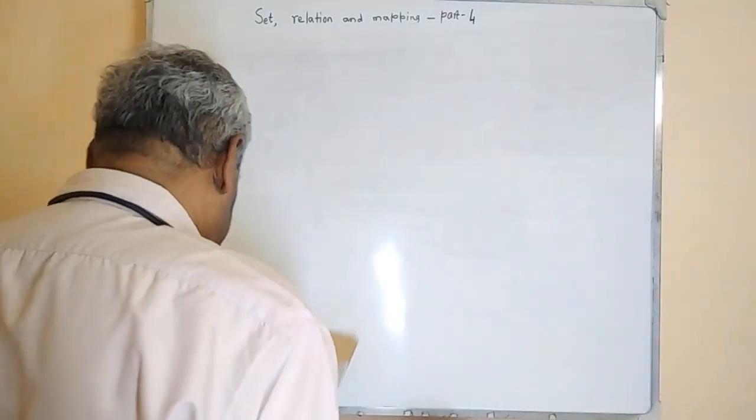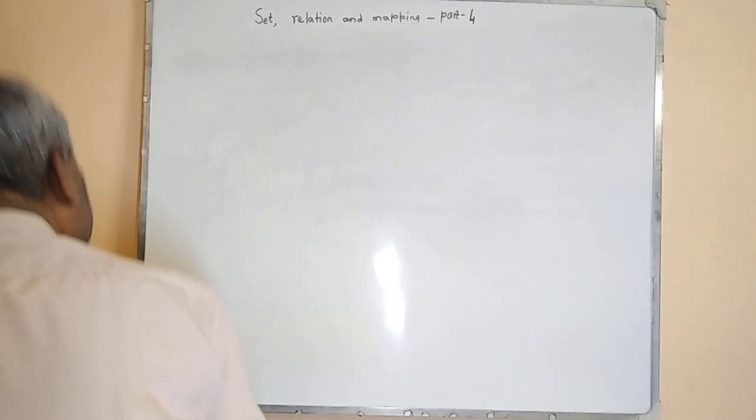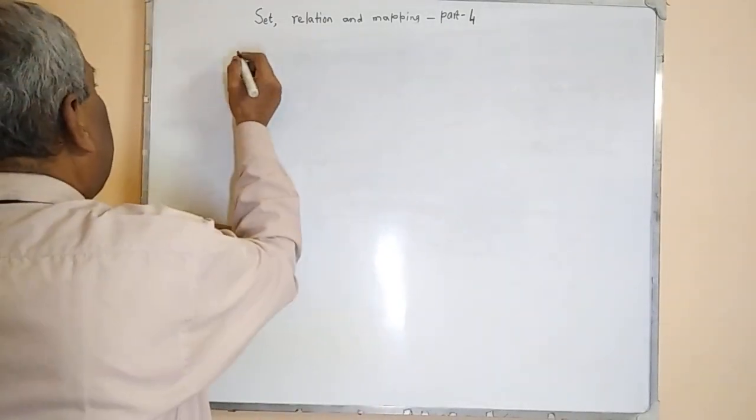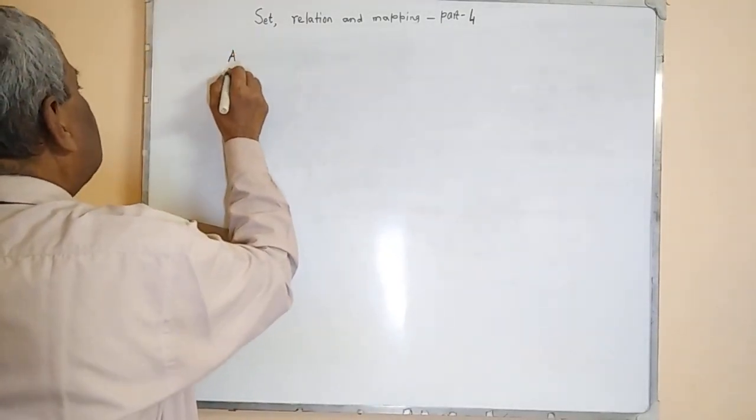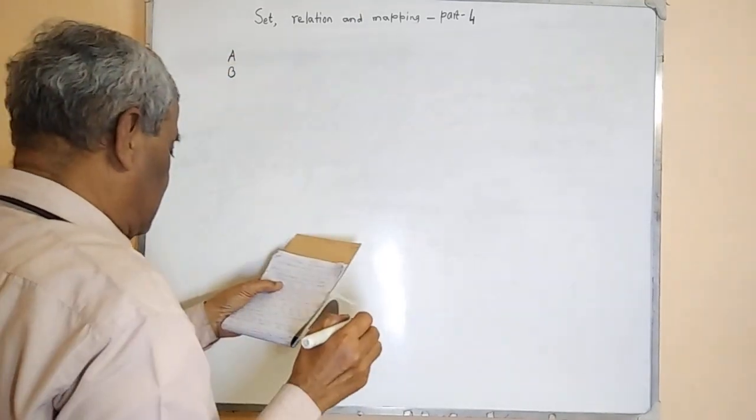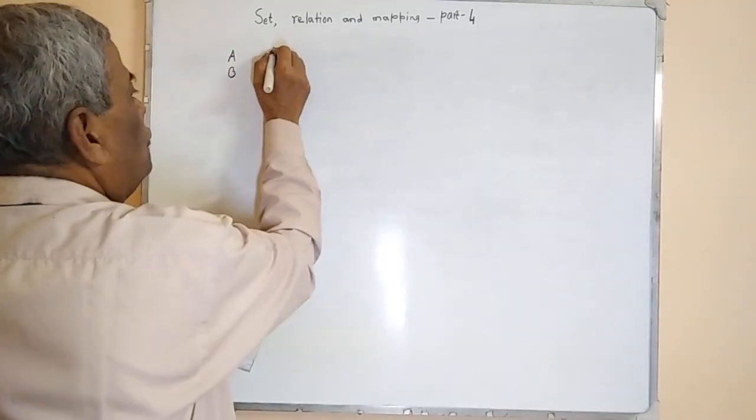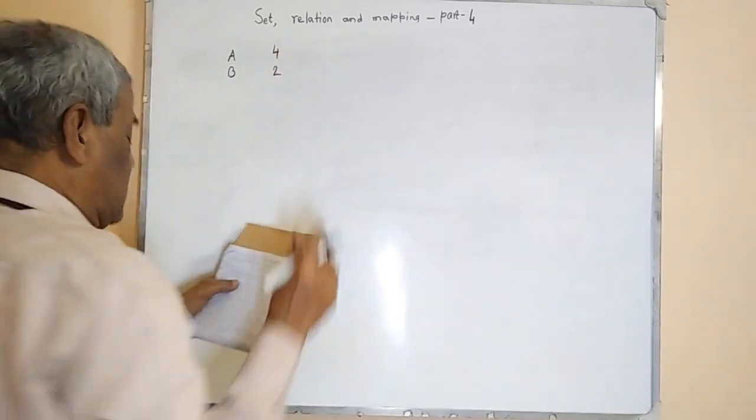First of all, A and B are two sets containing 4 and 2 elements.